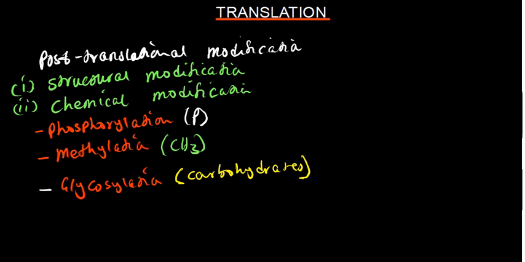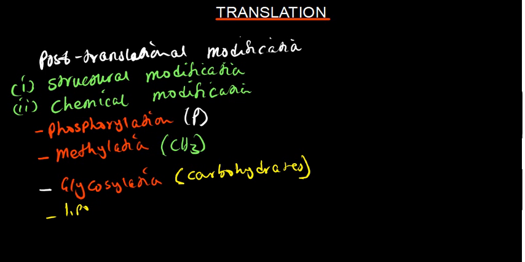The process by which a carbohydrate is added to that protein is known as glycosylation, whereas the protein is called a glycoprotein. We also have lipoprotein. This involves the addition of a lipid.